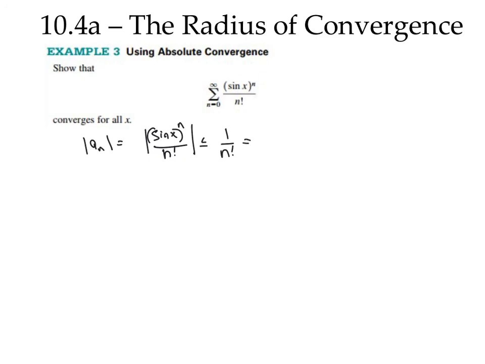And 1 over n factorial, well, that's the series for e, and it converges. So this is the absolute value of this. If we look at the absolute value of the terms, they are by direct comparison with e to the x less than the terms of e to the x, so it must converge. So this series converges absolutely, and therefore by our theorem it converges.